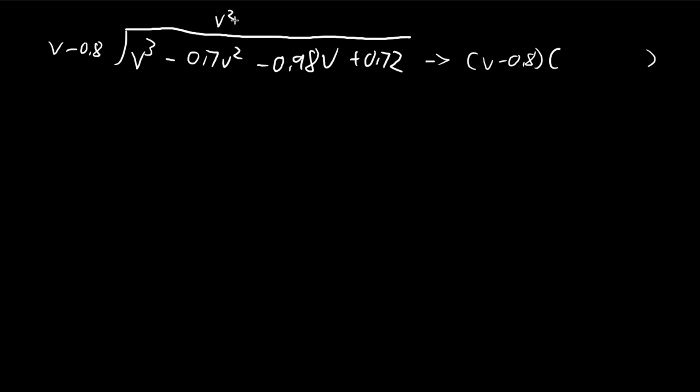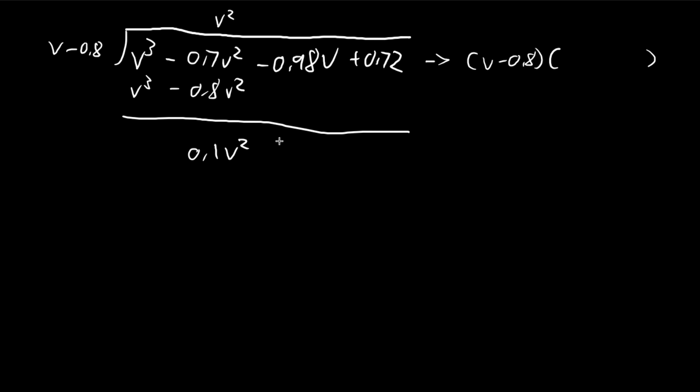So this is just high school math. First, consider v squared, so minus 0.8 v squared. This minus becomes a plus, so it becomes negative 0.1 v squared minus 0.98 v plus 0.72.